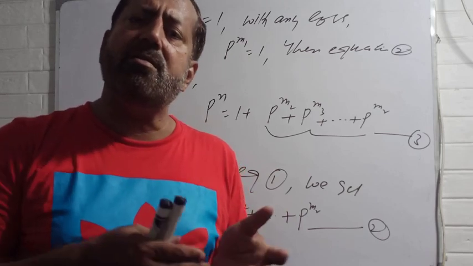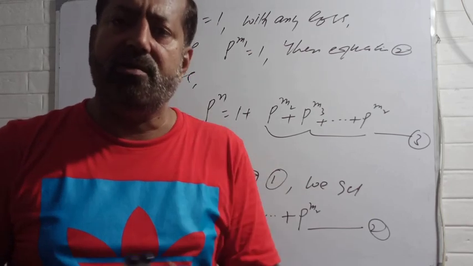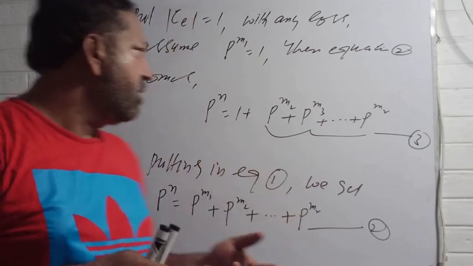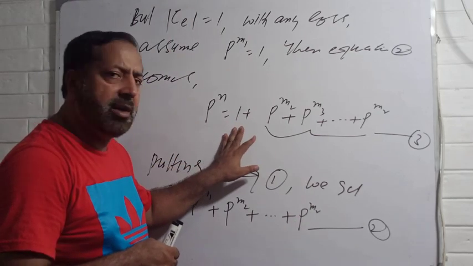That's why there is no hesitation at all to assume that there are, suppose, k self-conjugate elements.